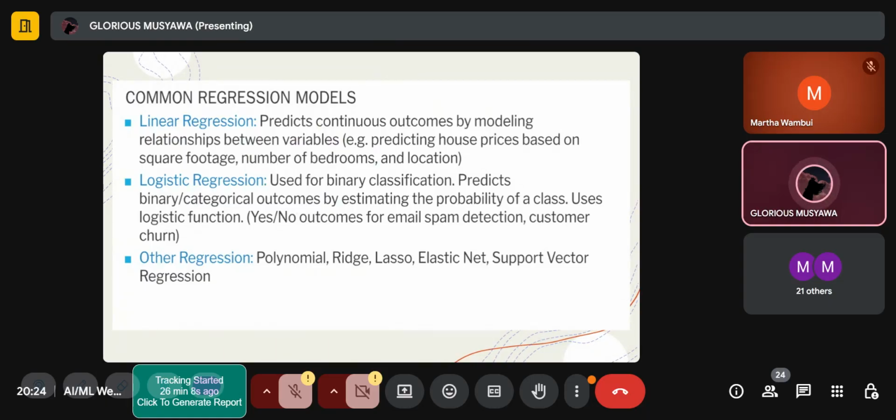We also talked about logistic regression. This is for classification, but it's still a regression model. It uses the regression mechanism to output classes. We talked about logistic regression being a binary classifier, that is two classes.